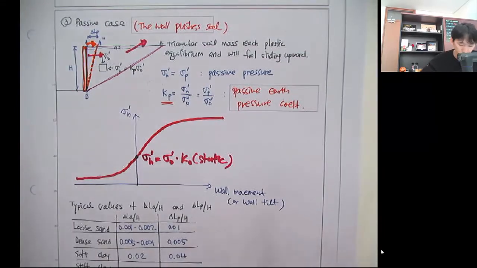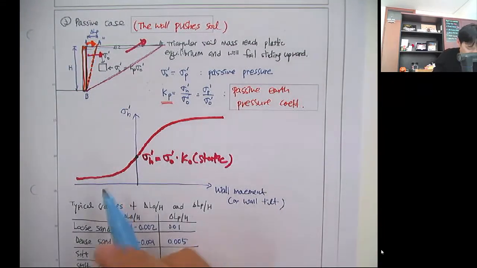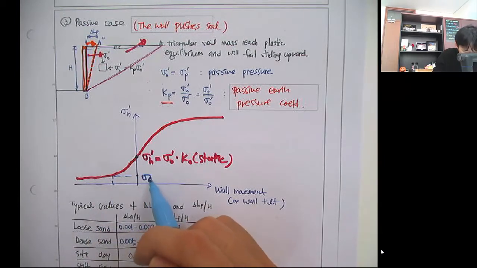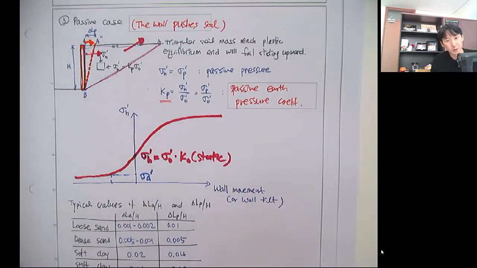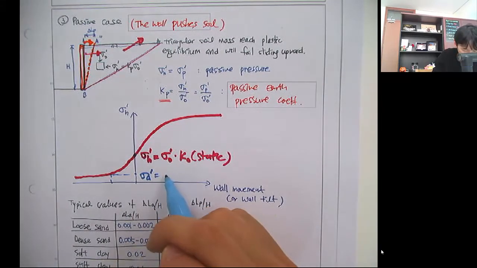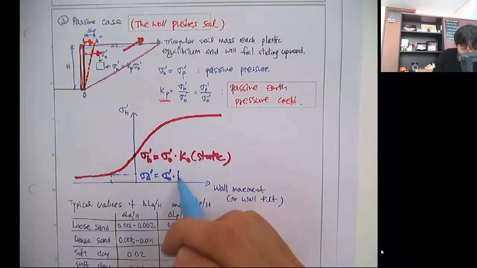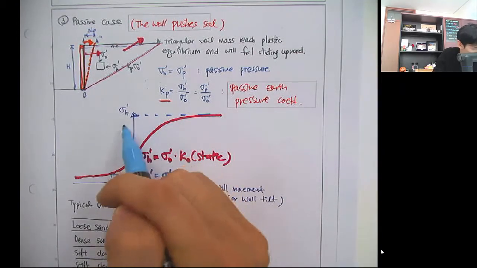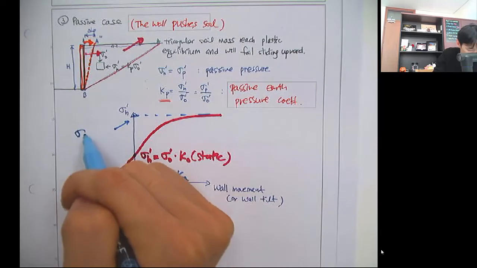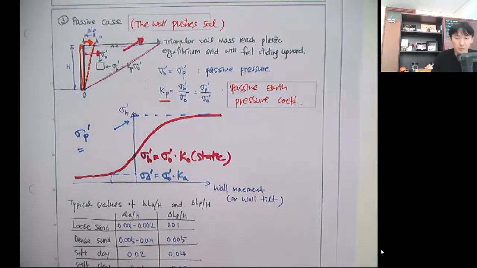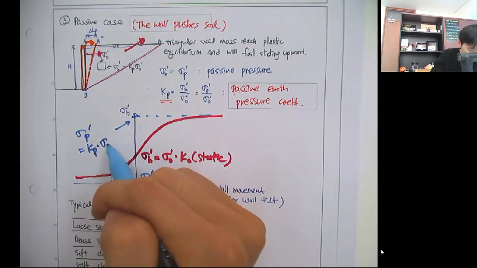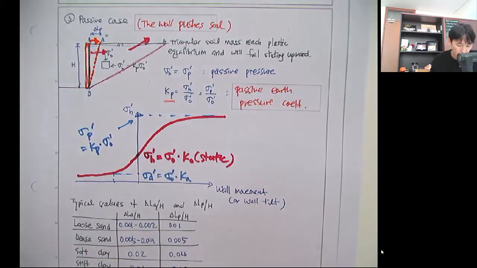Like this. So this is the sigma A prime, active pressure. So that's sigma naught prime times Ka, and this is sigma P prime, which is passive pressure. So Kp times sigma naught prime.